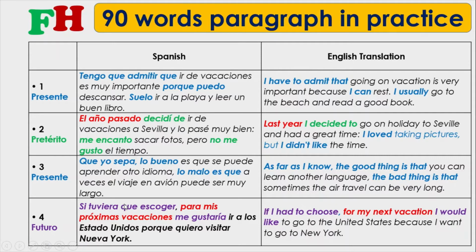And I am going to explain. So literally, if you are going to learn these expressions written in these colors, you would be able to do all your 90 words paragraph perfectly, and you will have everything implemented there to get the highest grade, really.